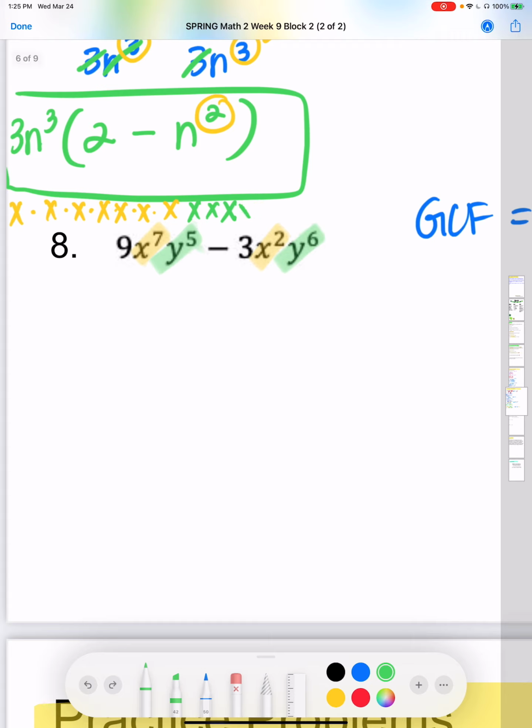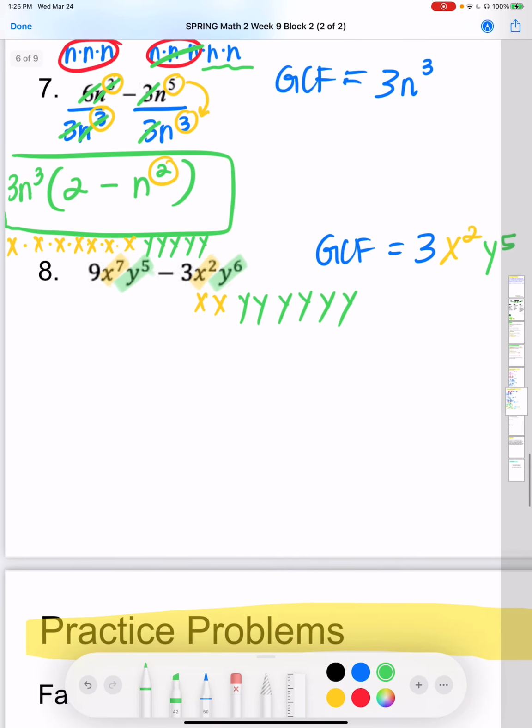Oops, those are not y's, those are x's. Hold on. 1, 2, 3, 4, 5. And then for my second term, I have 2 x's and 6 y's: 2, 3, 4, 5, 6. So remember, if I'm taking out the same thing from each, because we need to be fair, I can only factor out 2 x's from here, means I'm going to factor out 2 from there.